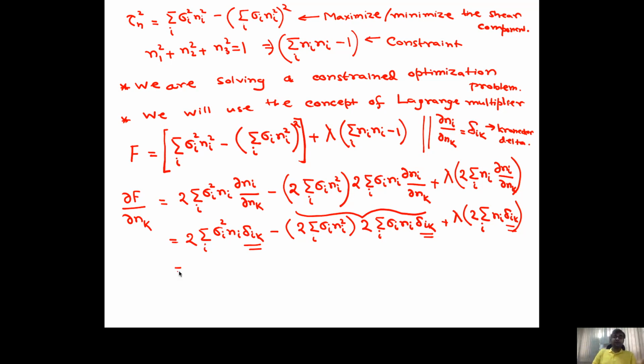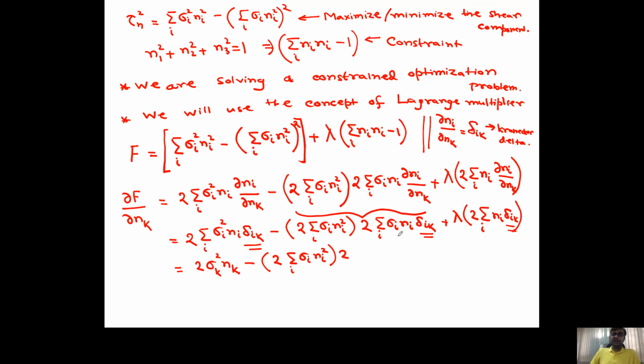So we can remove the summation and substitute i with k. That will give us sigma_k squared n_k, and delta_kk is 1, so we need not write it. This will be as it is. There is no such thing as delta_ik anymore, so this will not change.